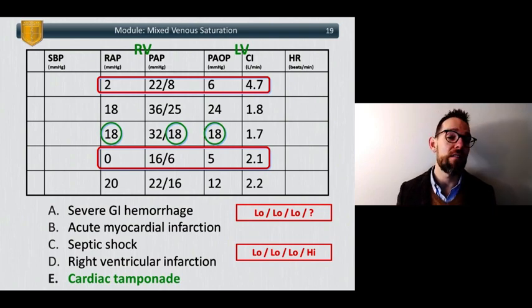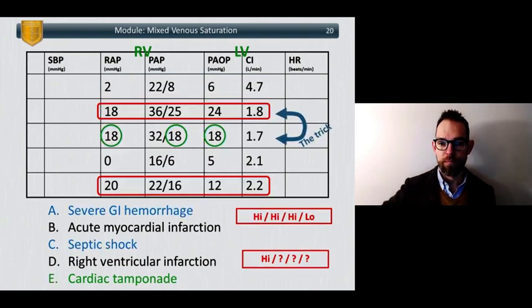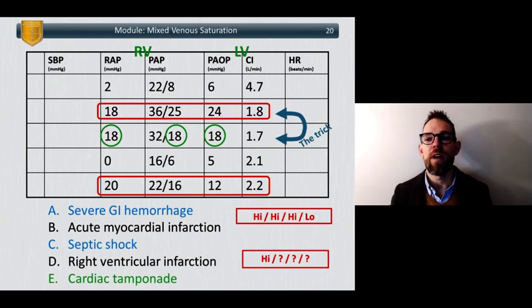They're both going to have elevated right atrial pressures due to dysfunction of the left side of the heart, or the right side of the heart in that case. So the 4th column matches up with severe GI hemorrhage. Severe GI hemorrhage and septic shock match up with line 4 and line 1 respectively.